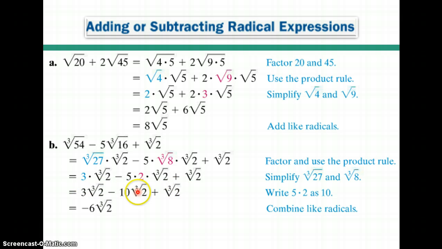Now in this radical expression, the radicands are 2 and index also 3, which are equal, so they are like radicals. We can add them and subtract them. So by simplifying, we have minus 6 times cube root of 2.